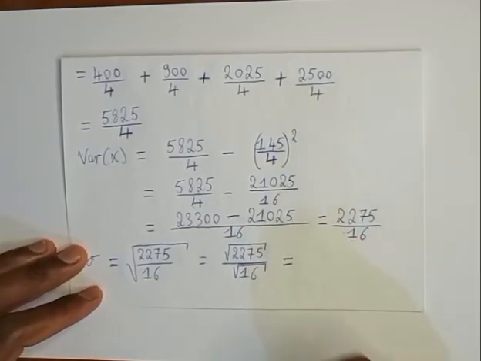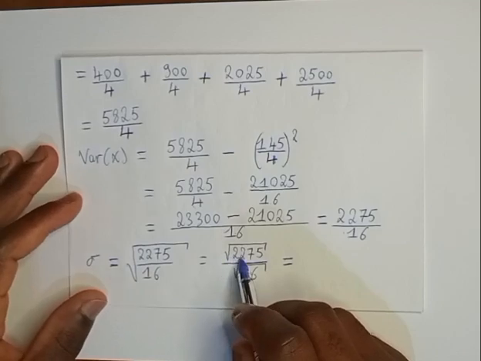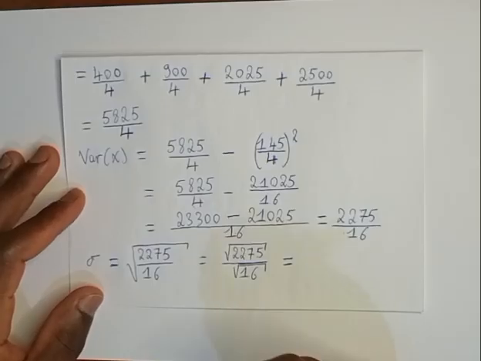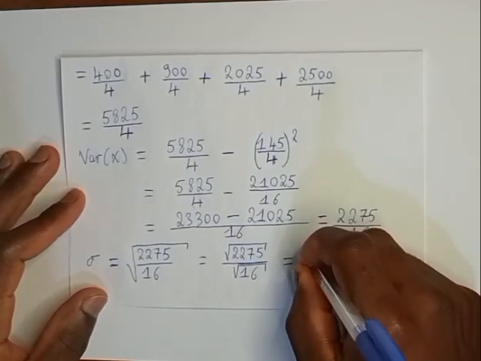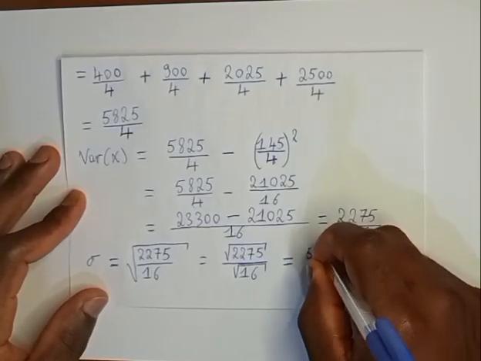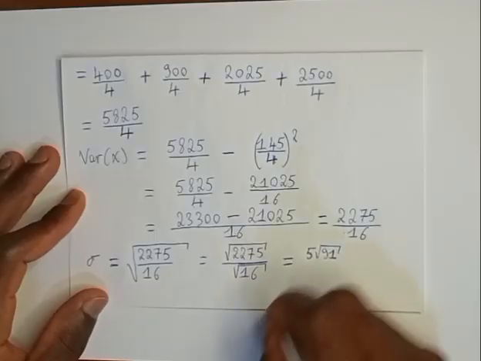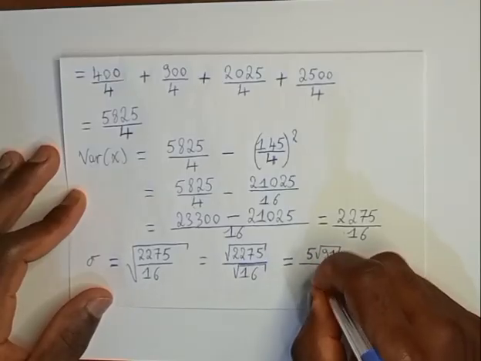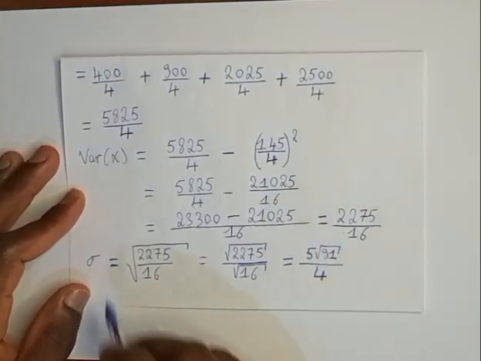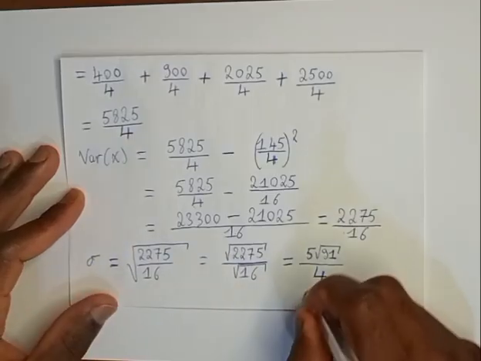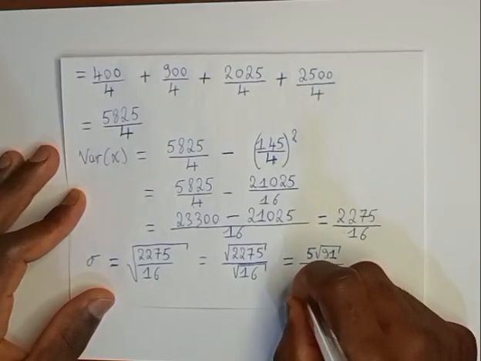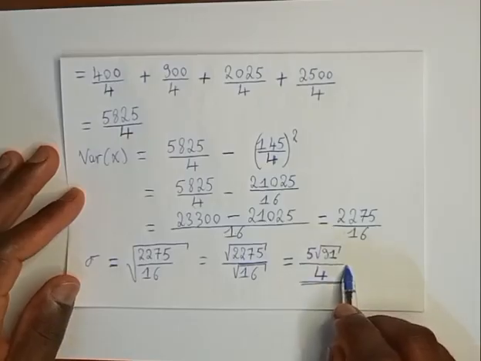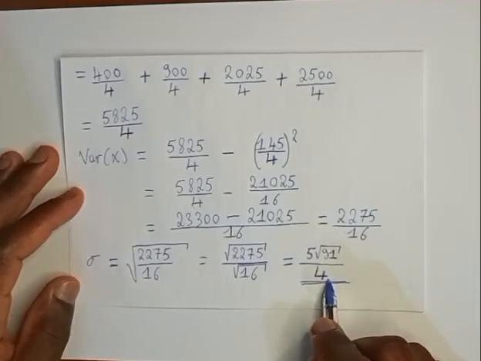Expressing the square root of 2275 in its simplest form, it will simply give us 5 root 91 all over the square root of 16, which is 4. Therefore, the standard deviation is simply equal to 5 root 91 all over 4.